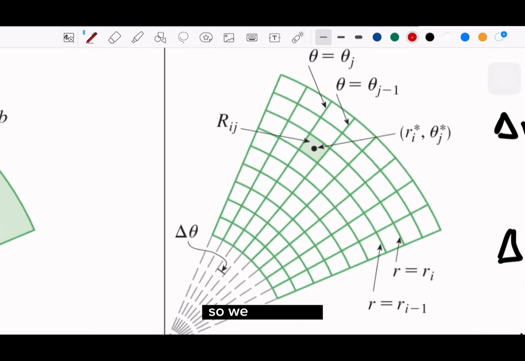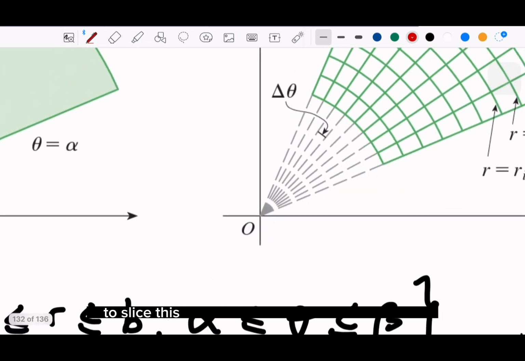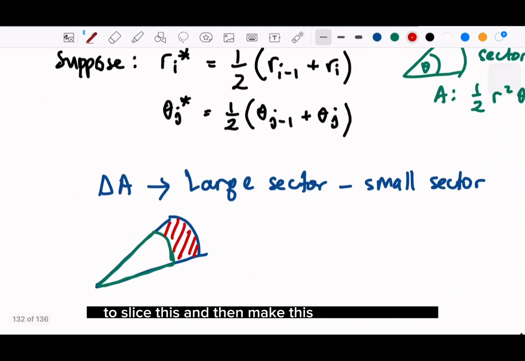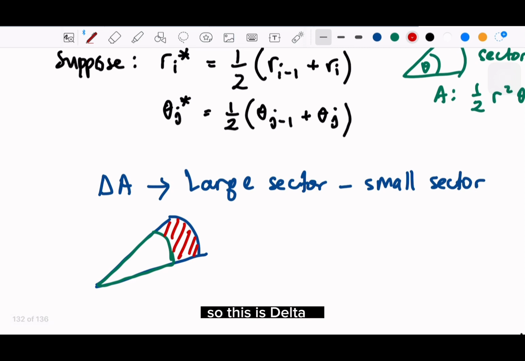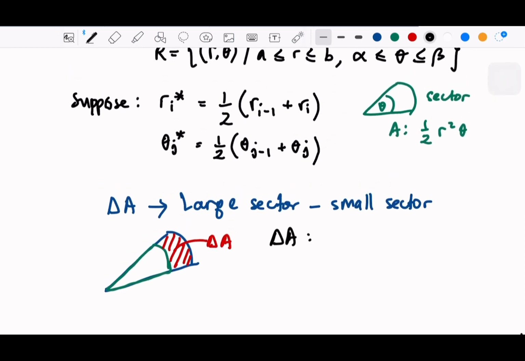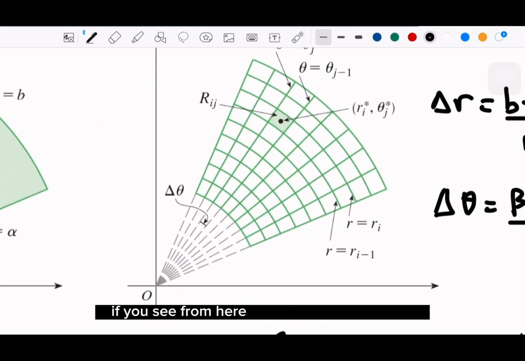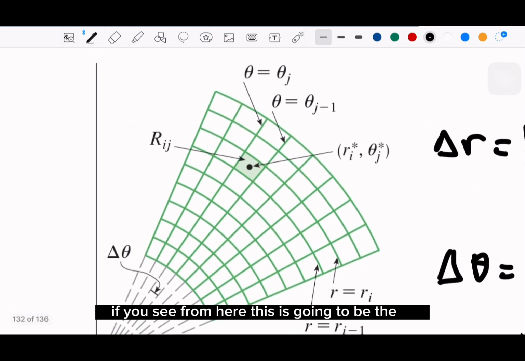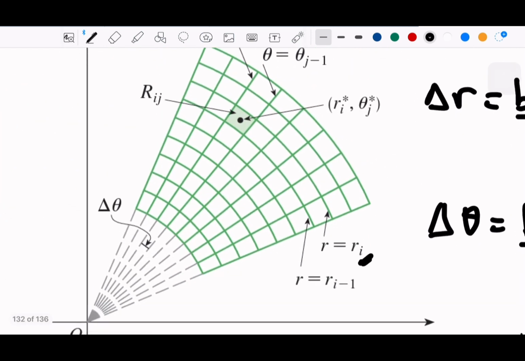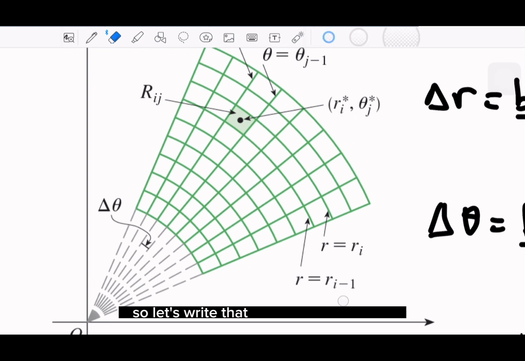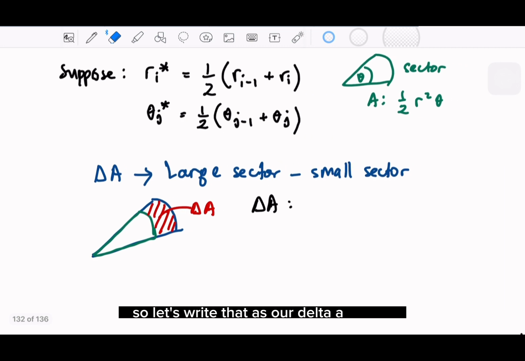So we are going to slice this and make this into our delta A. So this is delta A. So we could write delta A. The large sector, if you see from here, is going to be the Ri. The small sector is Ri minus 1. Okay.